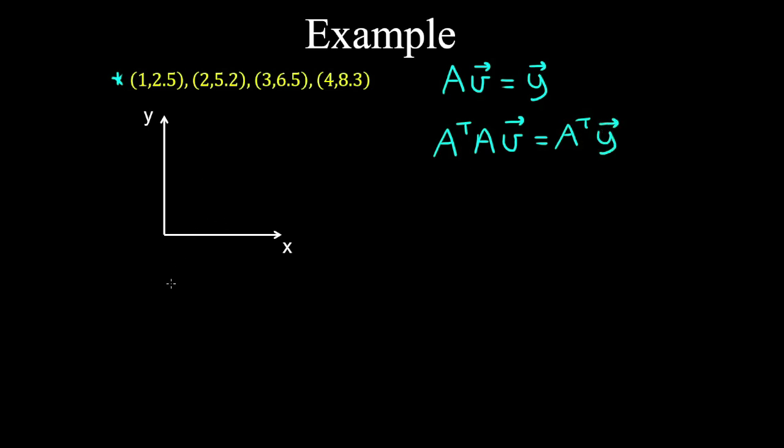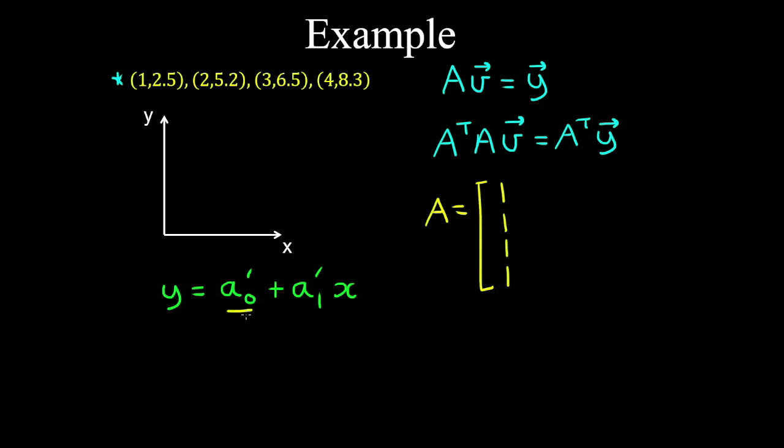So the linear relationship that we want is y is a0 dash plus a1 dash by x, where these constants are obtained from a least squares solution. So therefore A has the values 1 in the first column, corresponding to this constant, and in the second column we have the x values 1, 2, 3 and 4.